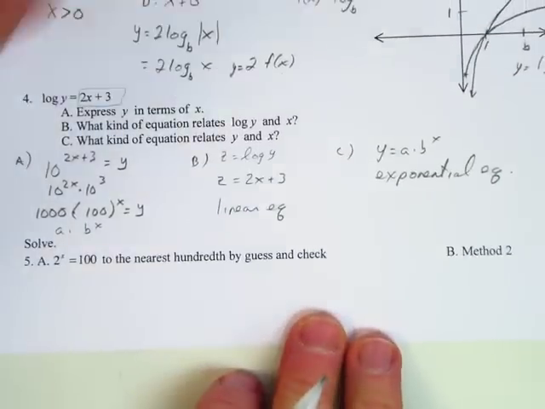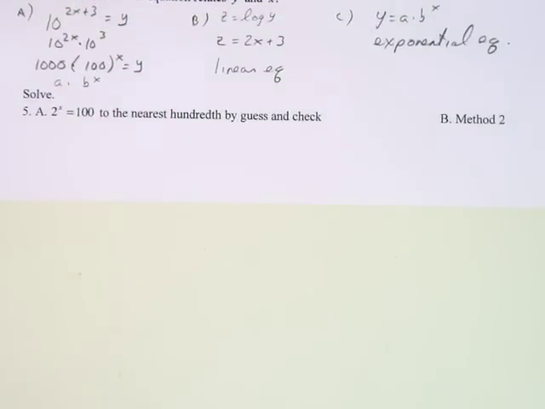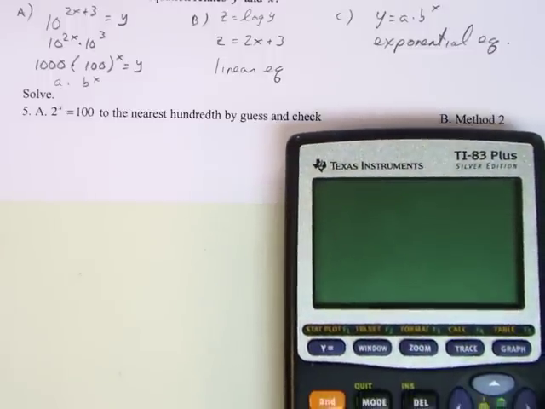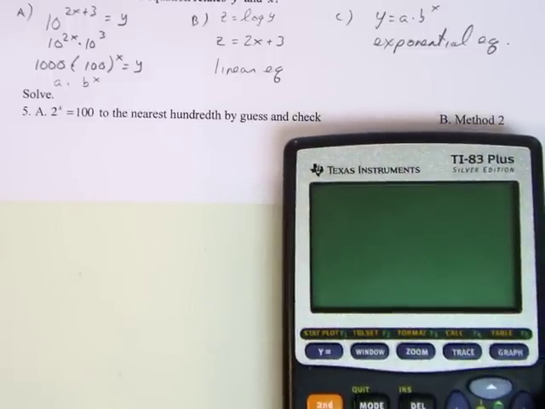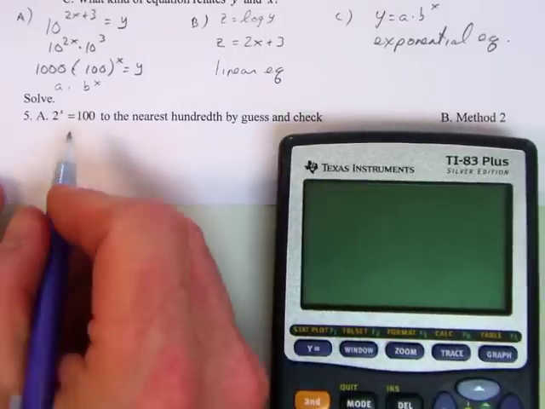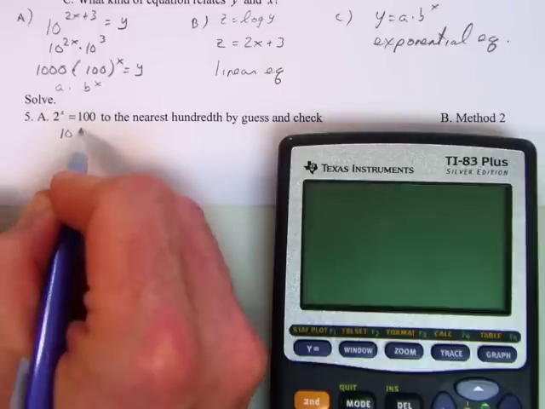All right, next one. We're going to need our calculator here. Now, before you do these kind of problems, I want you to tell me between what two numbers our answer is. So x has to be bounded by what two numbers?